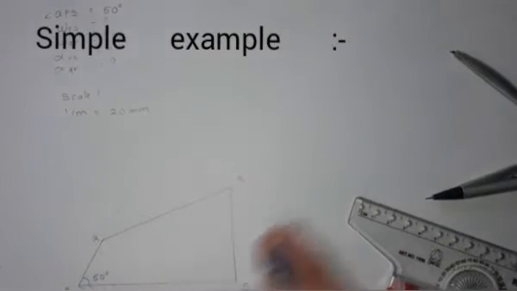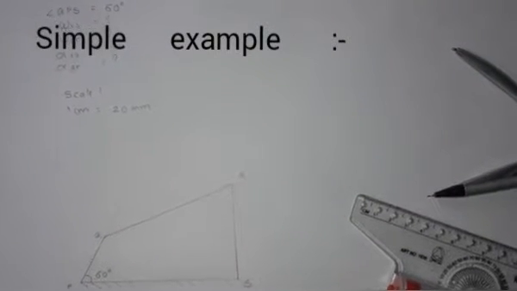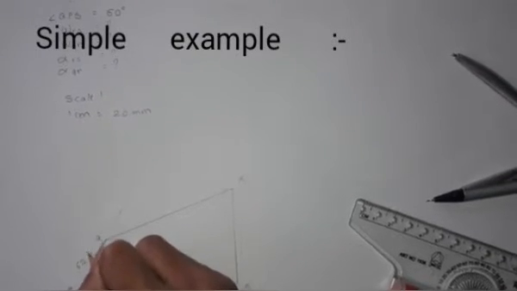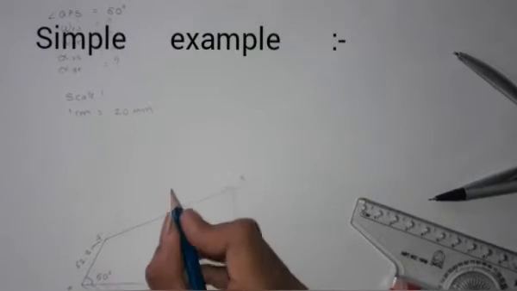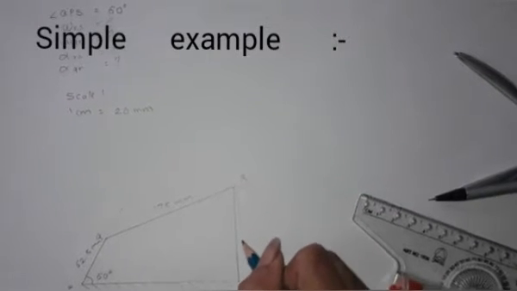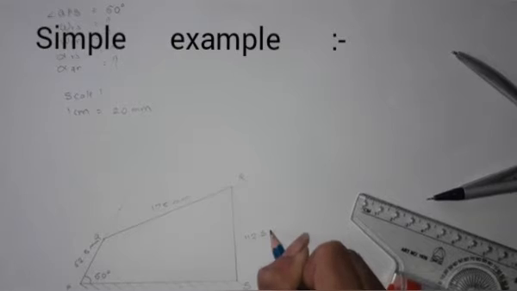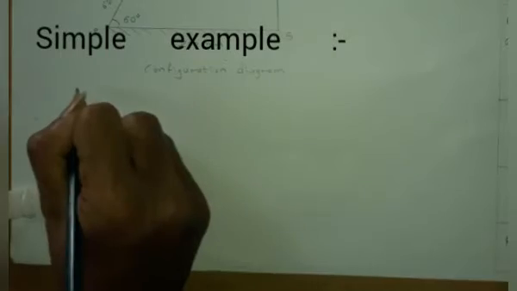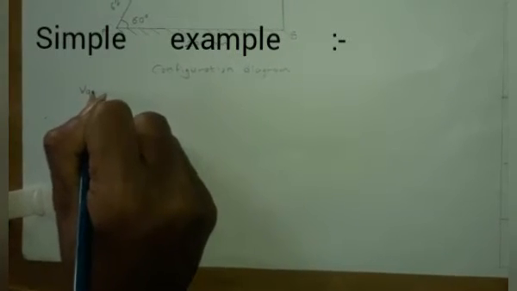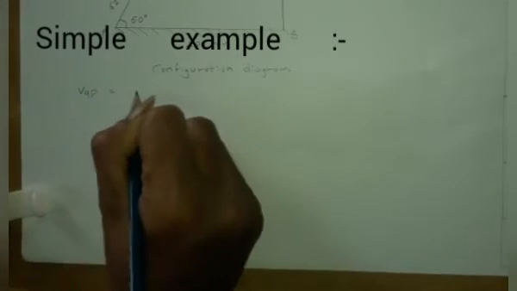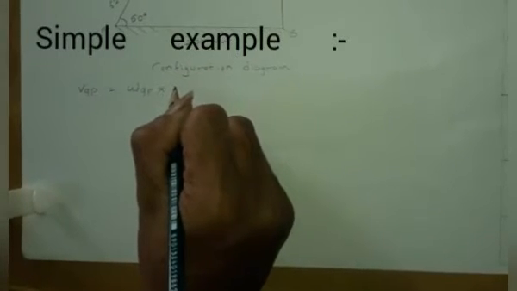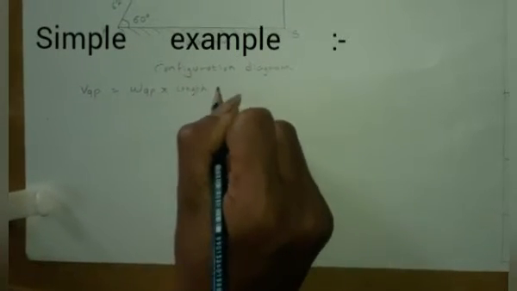After joining this, PS is 200 mm, PQ is 62.5 mm, QR is 175 mm, and RS is 112.5 mm. So here velocity of QP is equal to angular velocity of QP into length QP.